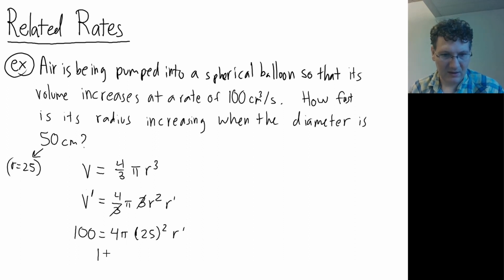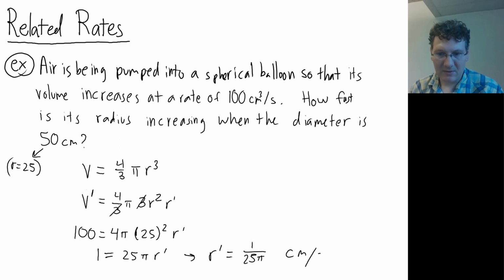So we can write 1 equals 25 pi r prime, and solve this. r prime equals 1 over 25 pi, and that's going to be centimeters per second. So this is the rate at which the radius is increasing when the radius is equal to 25 centimeters.